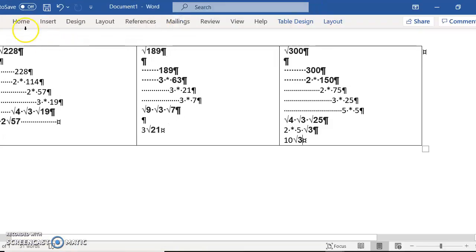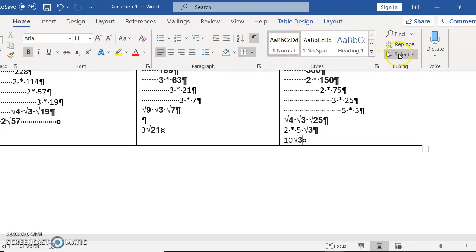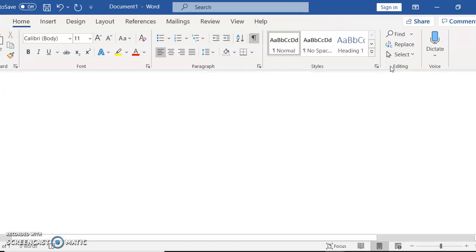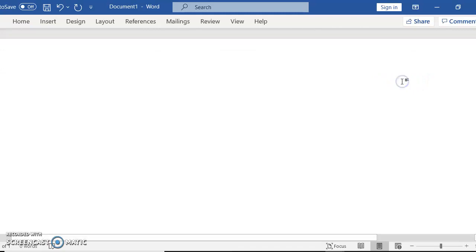I'm going to clear this out. I was doing this for another class. All right, so here we go. So this is a problem that we're working on here. I'll make it a little bit bigger so that you can see it.